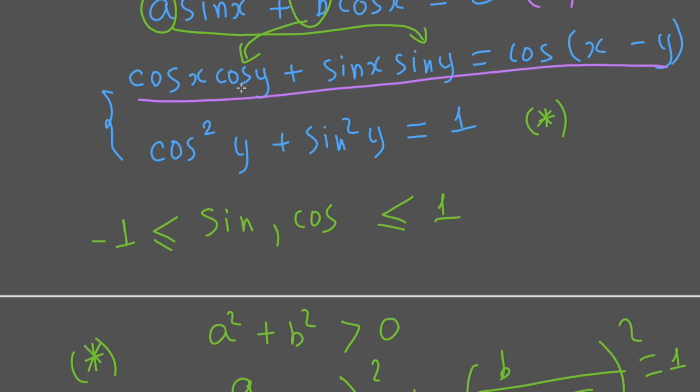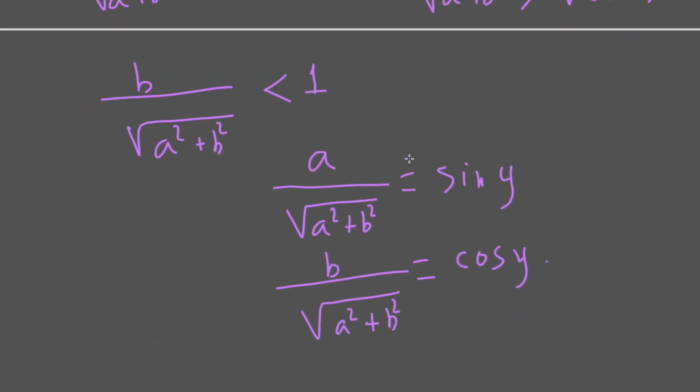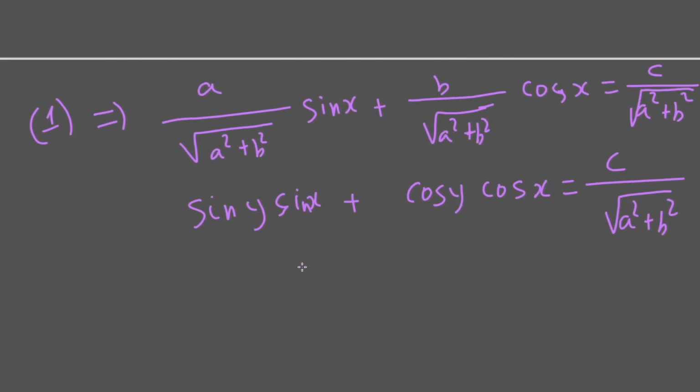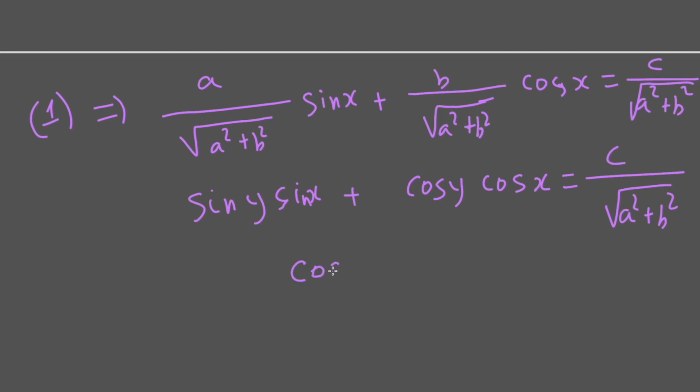So applying this formula, the left hand side will become cosine of x minus y equal to C over square root of A square plus B square.